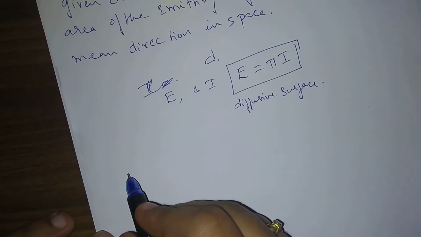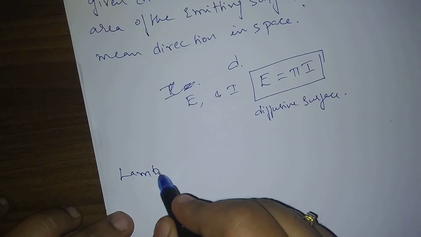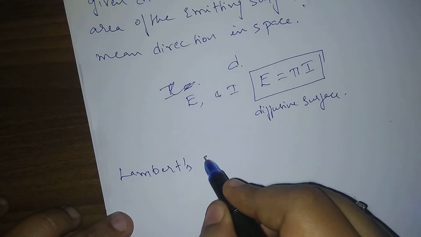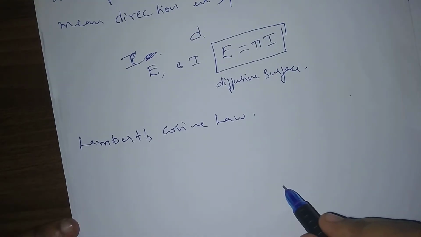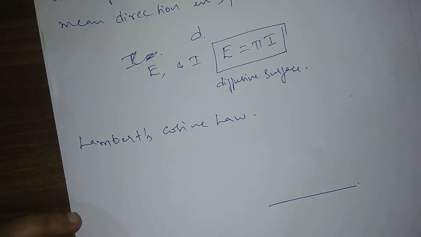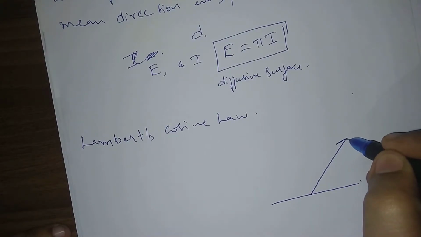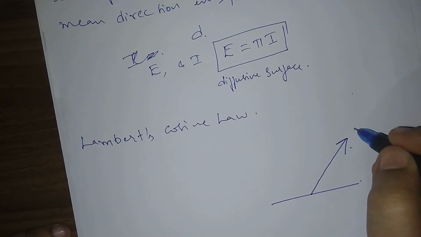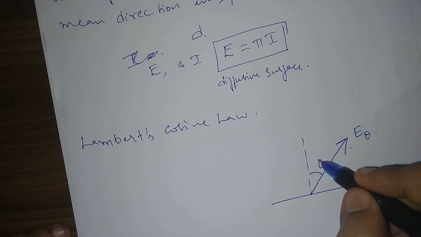Now there is one more law attached to this, which is called Lambert's cosine law. What does this law talk about? It is very simple. What is the emissive power in any direction? Suppose I have radiation emitting in this direction, and this is the normal to that surface, and this is some angle theta.